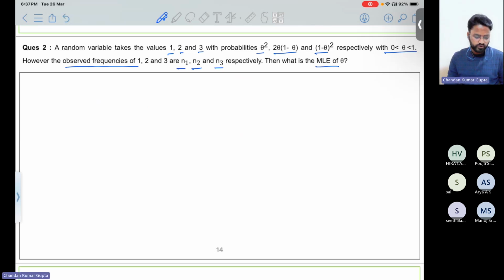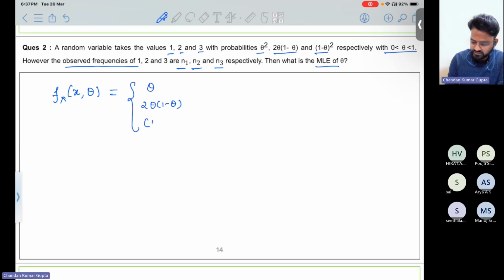Okay, so we are going to use the maximum likelihood method. And for this, first we need to construct the likelihood equations. So we are given theta square, 2 theta 1 minus theta, and 1 minus theta whole square.